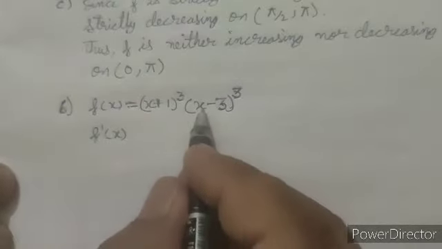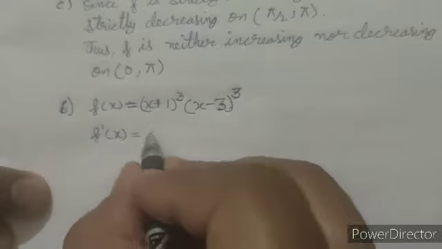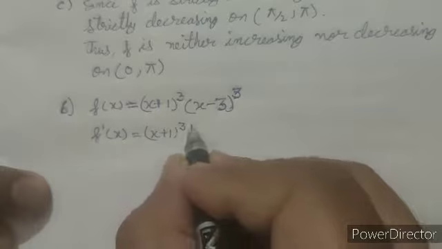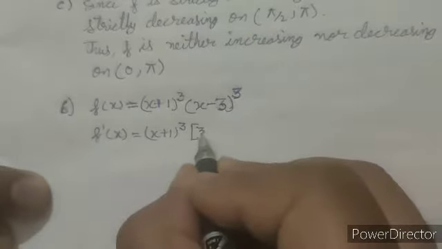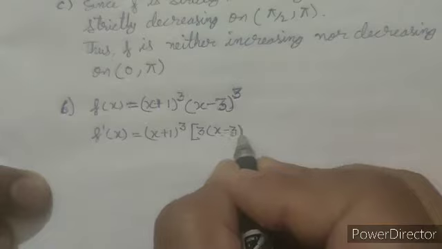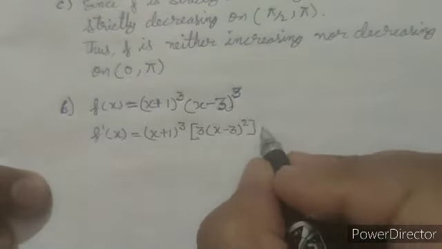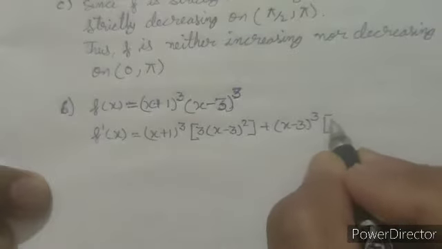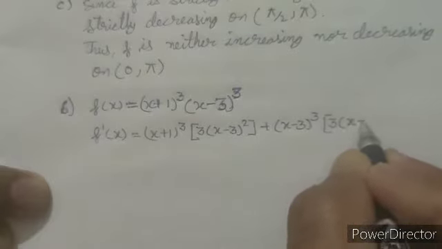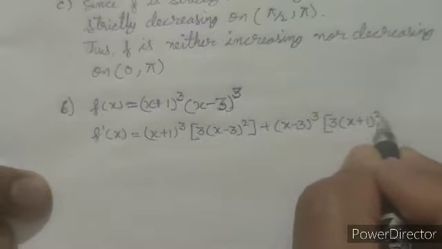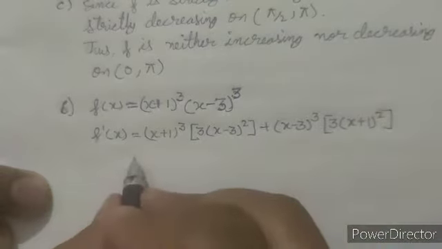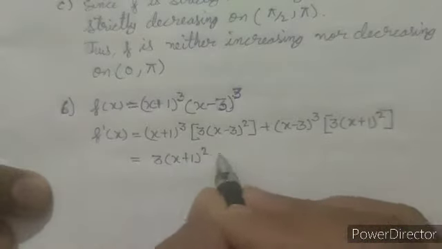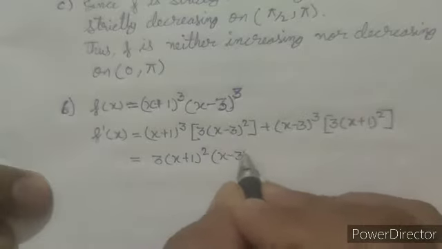Now f dash x will be (x plus 1) cube into d by dx of (x minus 3) cube, and that will be 3 into (x minus 3) square, plus (x minus 3) cube into d by dx of (x plus 1) cube, that will be 3 into (x plus 1) square. Now that will be 3 into (x plus 1) square into (x minus 3) square.